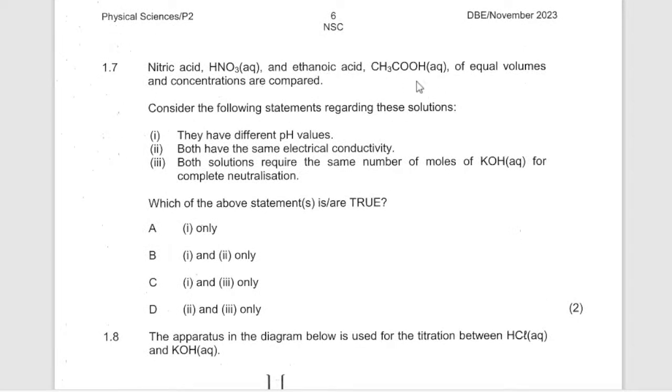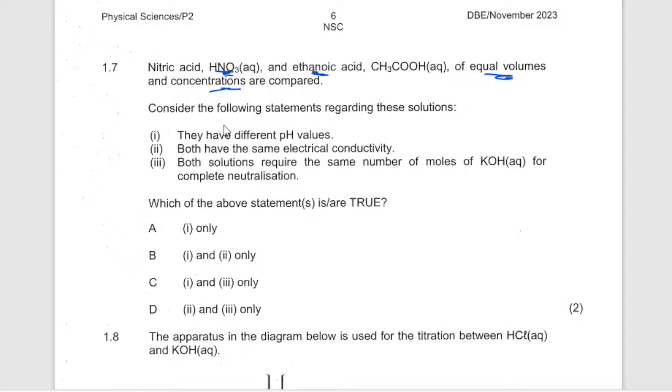ethanoic acid, yes, what happens? Nitric acid and ethanoic acid, of the volume and concentration are compared, meaning that you have nitric acid, you have ethanoic acid, yes, so you compare the volume, they have equal volume, and the concentrations.